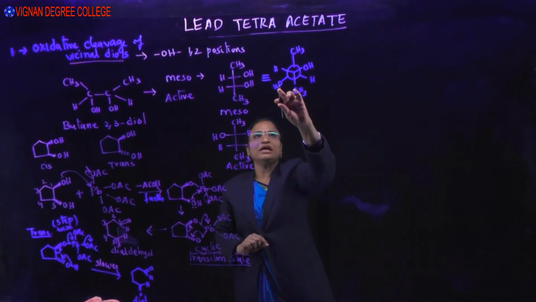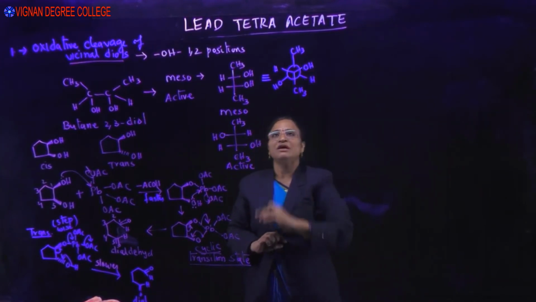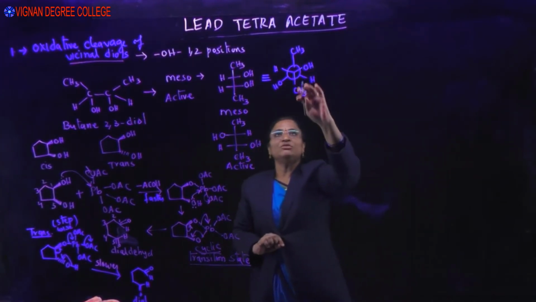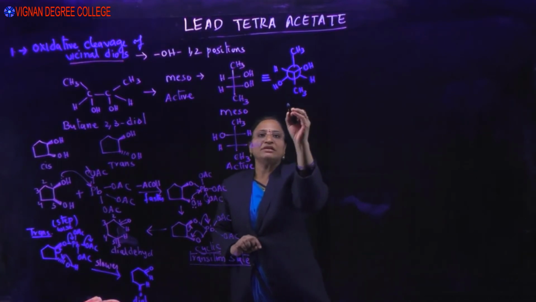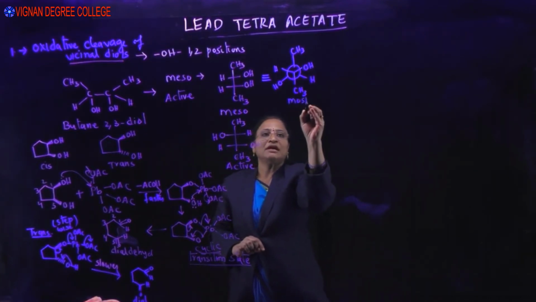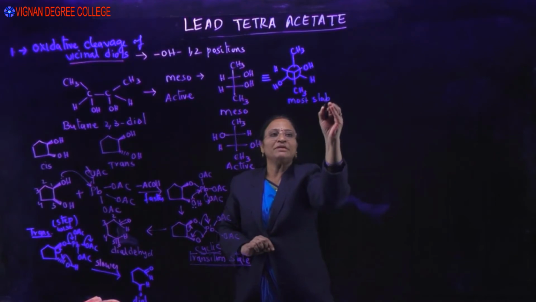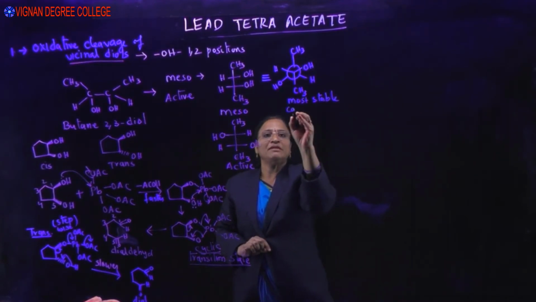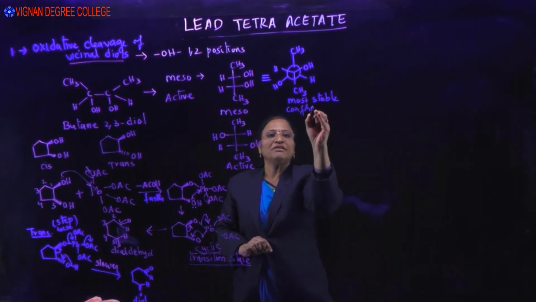So this is the Newman projection for your mesodiol. In mesodiol, you can see the two hydroxy groups are opposite to each other, and the two methyls are opposite to each other. So this is the most stable conformation for mesodiol.